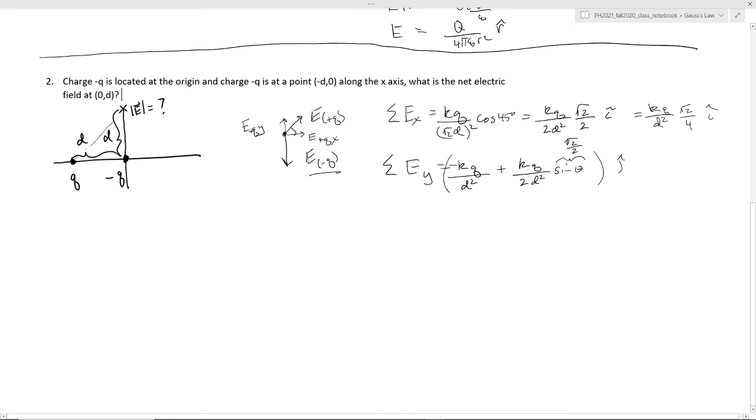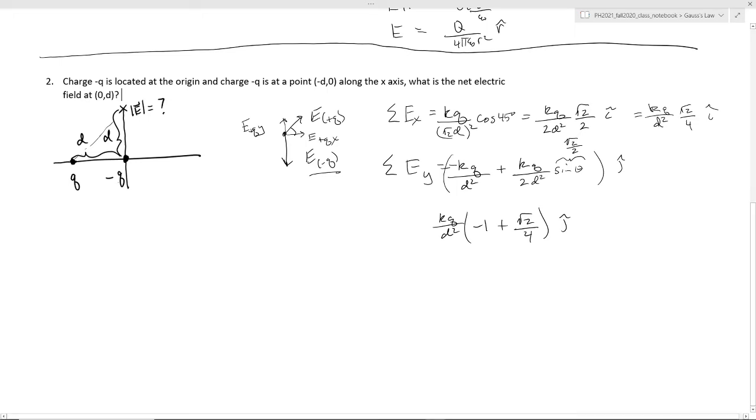Then if we factor out the kq over d squared out of everything, we would have a -1. And then here we would have positive root 2 over 4, and this would be in the j hat. Okay, so these are our x and y pieces.